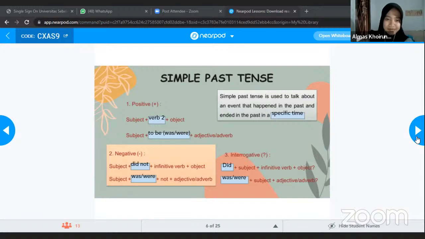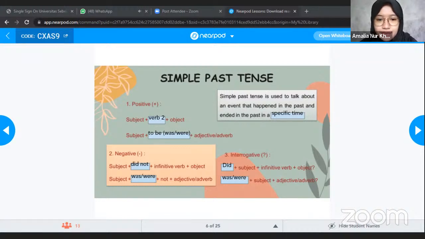Thank you. Well, then let's discuss the positive sentence first. The verbal sentence consists of subject plus verb two plus object. And the nominal sentence consists of subject plus to be, that is was or were, plus adjective or adverb.